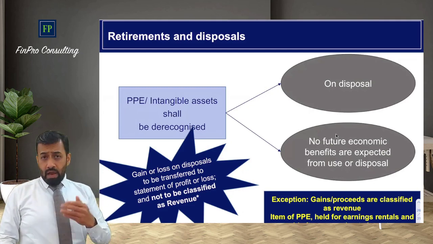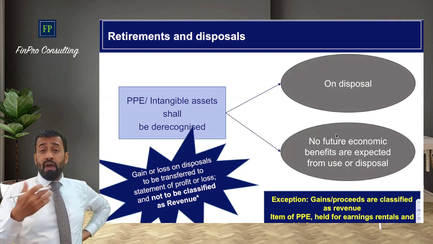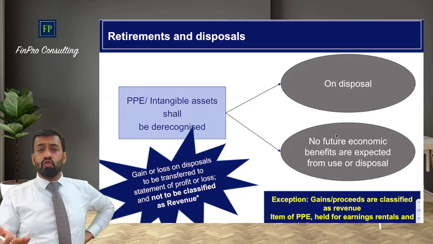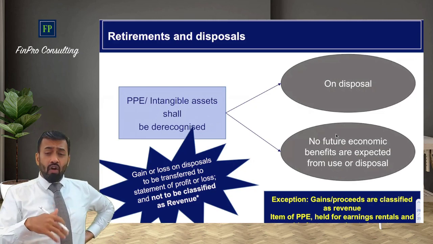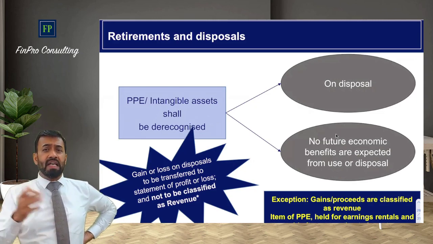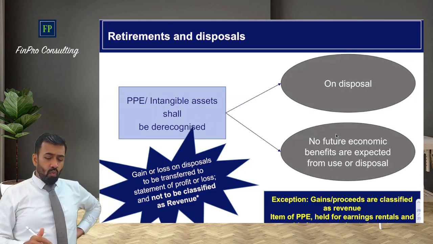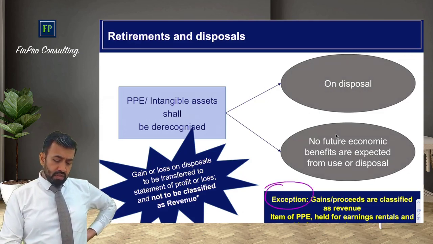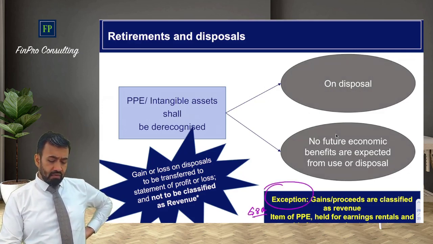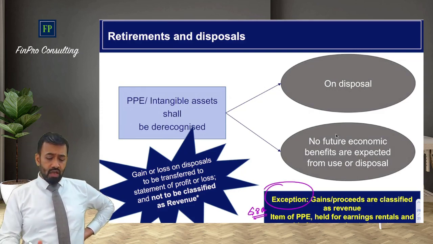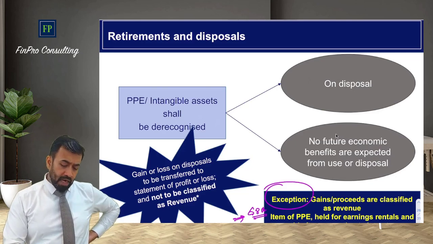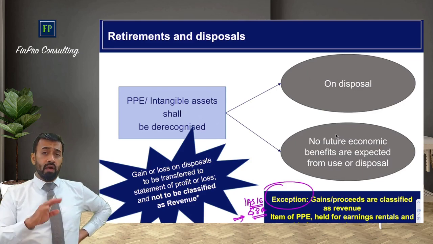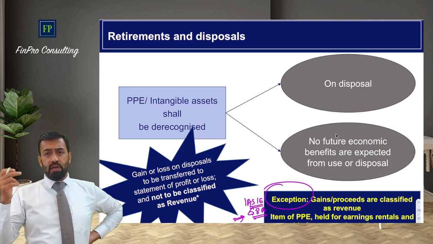Upon disposal, the gain or loss should be accounted for as other income. So it cannot be classified as revenue. Selling of an asset is not your revenue. There is one exception, given in para 68A of IAS 16, but I don't think it is expected in the examination. It applies only to property, plant and equipment, not to intangible assets and investment property.